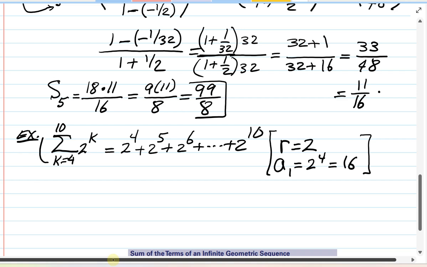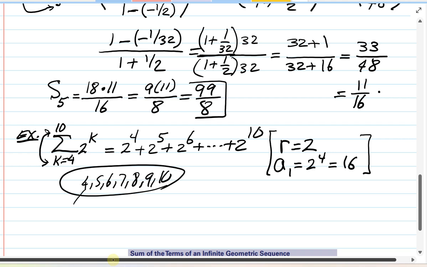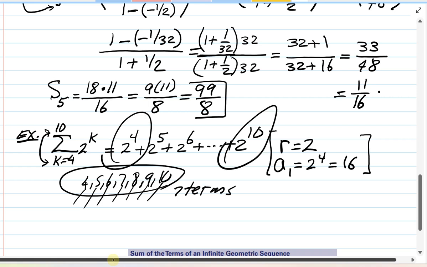And so let's see, what are we doing? From 4 to 10, how many terms in the series am I adding? Right? 4, 5, 6, 7, 8, 9, 10. These are the terms. How many terms? 1, 2, 3, 4, 5, 6, 7. True? There are 7 terms, beginning with 2 to the 4th, ending with 2 to the 10th.